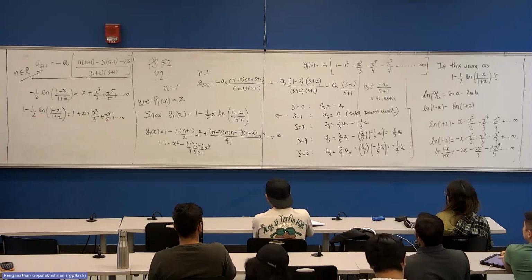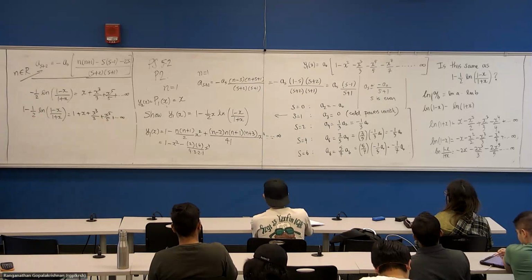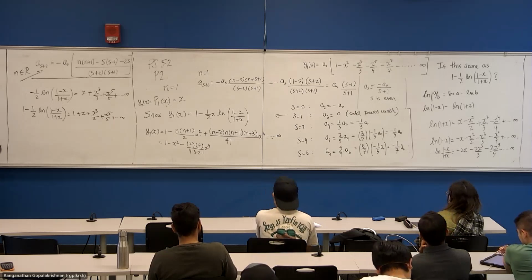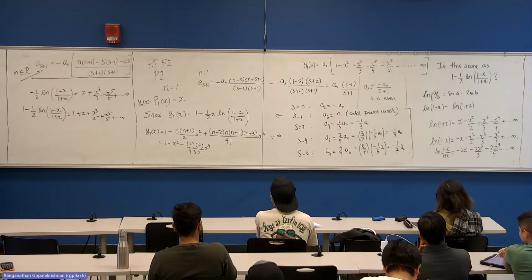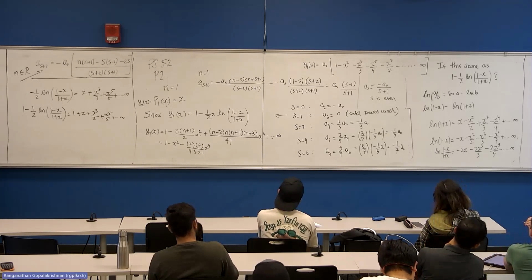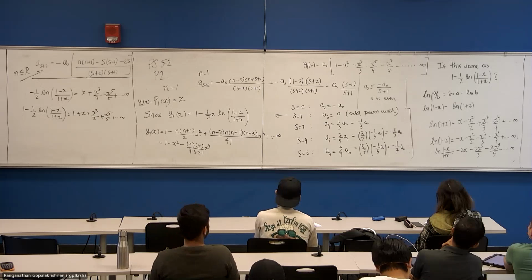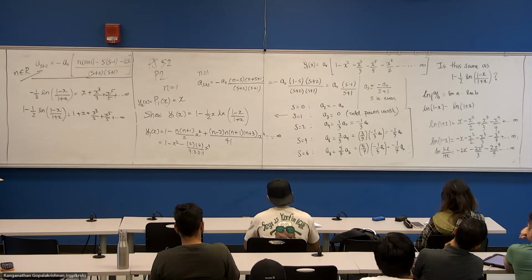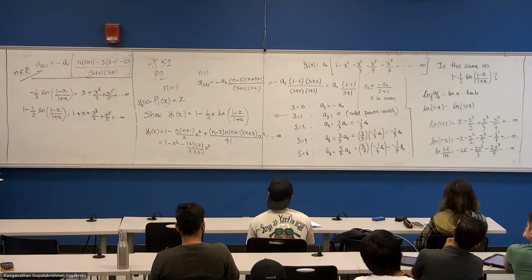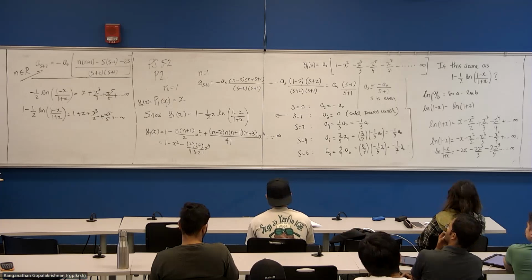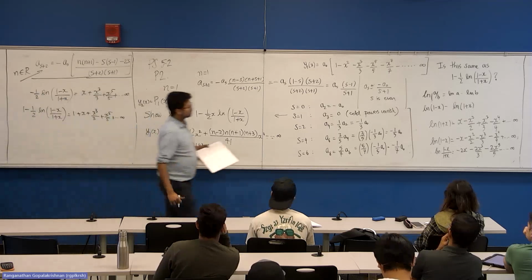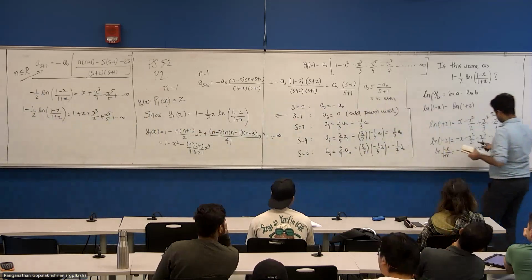What are we missing here? I just want to make sure we got the series for logarithm correctly. So log of 1 minus x series is correct.